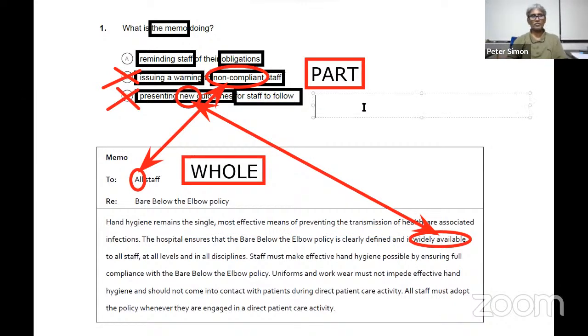This is 0. 0% accessible. Widely available means 100% available. So all means 100%. All levels 100%. All disciplines 100%. Okay. This is 0, not partial.